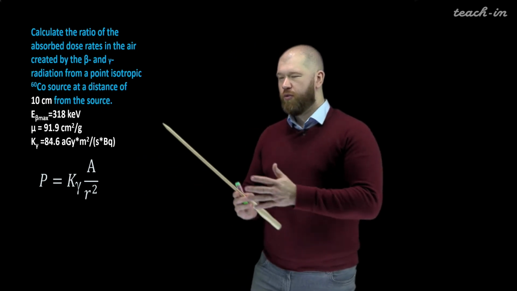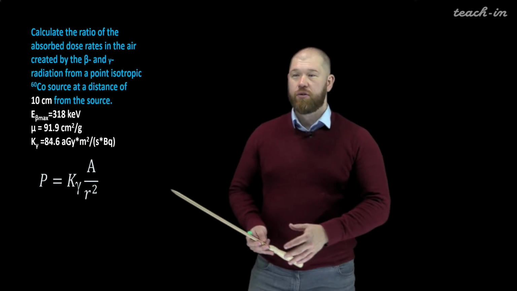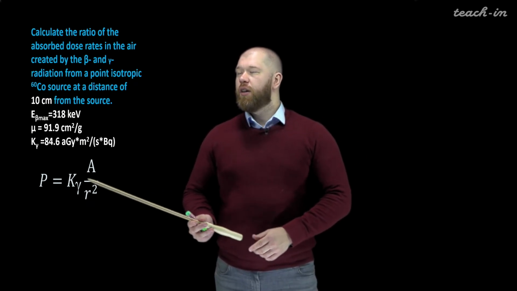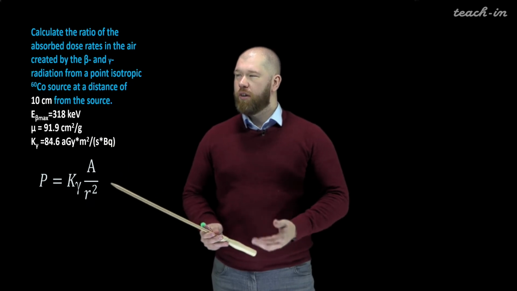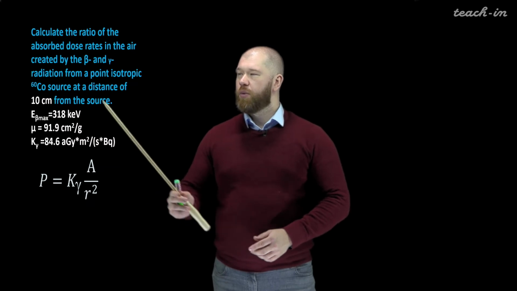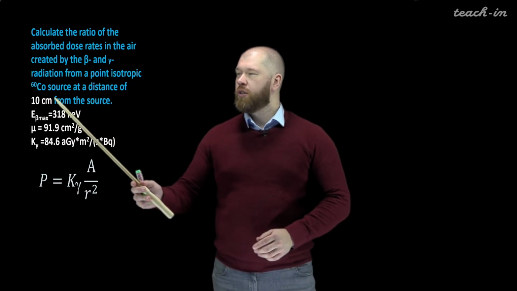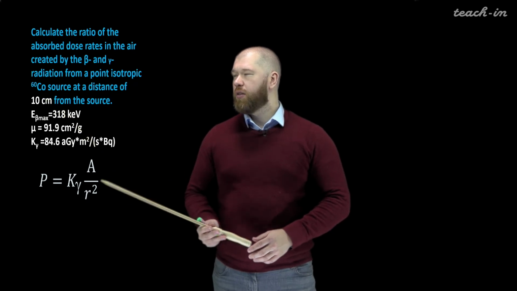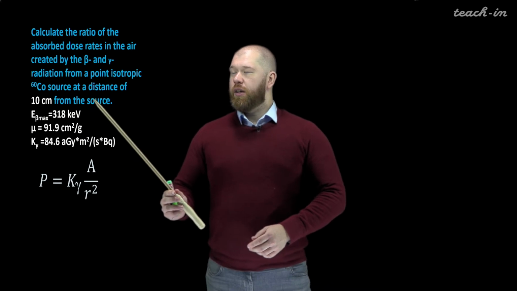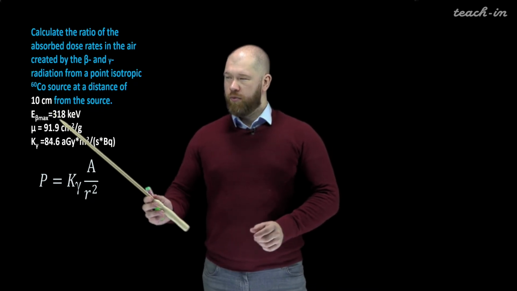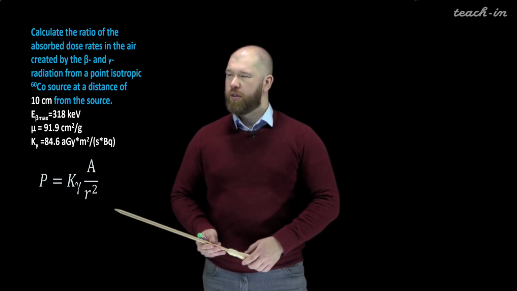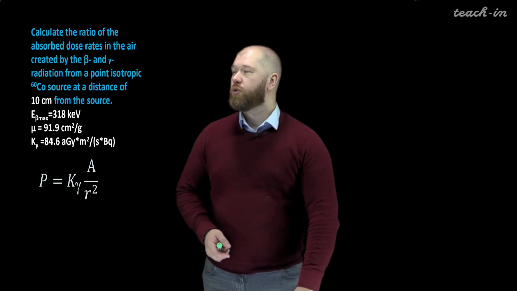So we are moving from just the energy fluxes now to the absorbed dose rates, at least in the air, that are created by the beta and gamma radiation released from a point isotropic source of cobalt-60, a quite widely used isotope, radionuclide, at a distance of 10 centimeters from this source. And we have a list of parameters that we will need to solve our task.